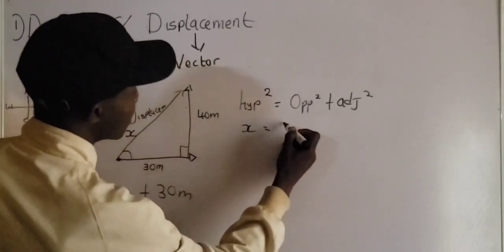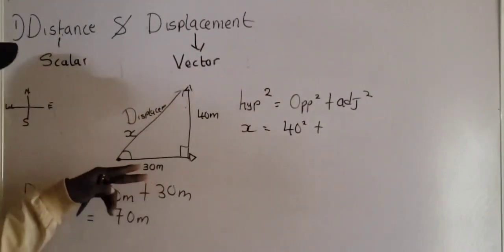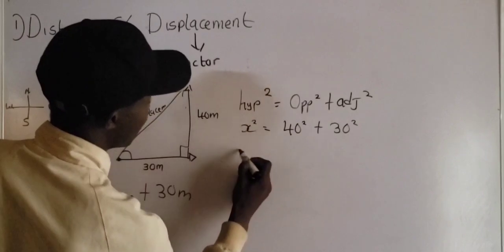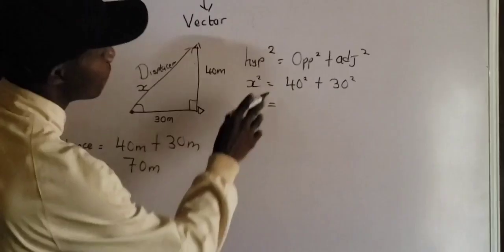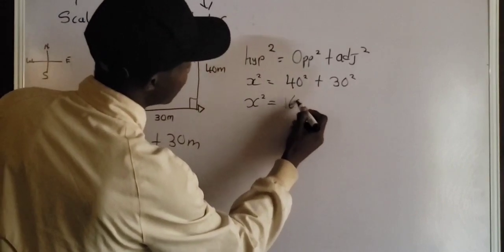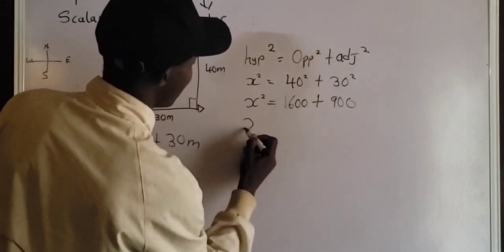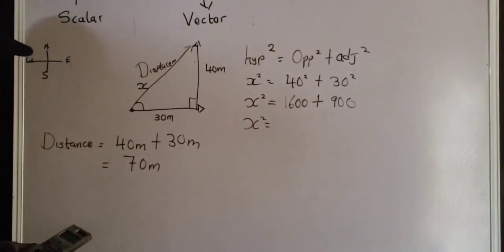That is 40. So I'm going to have 40 squared plus the adjacent is what? 30. So plus 30 squared. So x squared, which is the displacement, is equals to 40 squared. 40 squared is 1600 plus 30 squared is 900. You understand? So x squared is equals to 1600 plus 900.